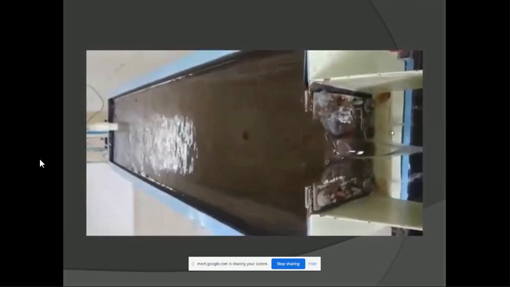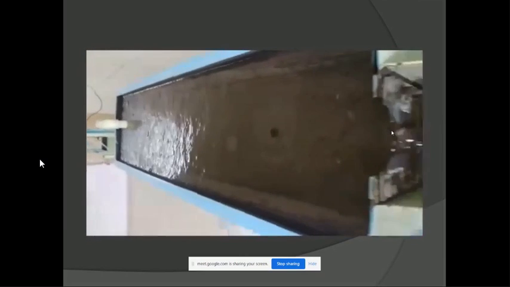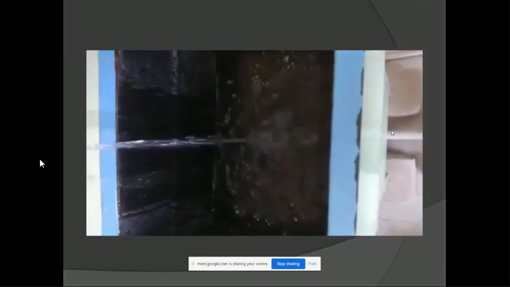This is the water flowing through the open channel, and you can see here the water flowing through the V notch and coming into the water collecting tank.